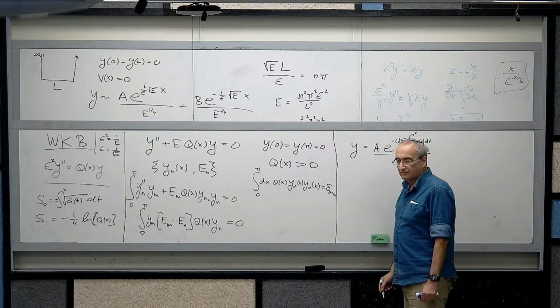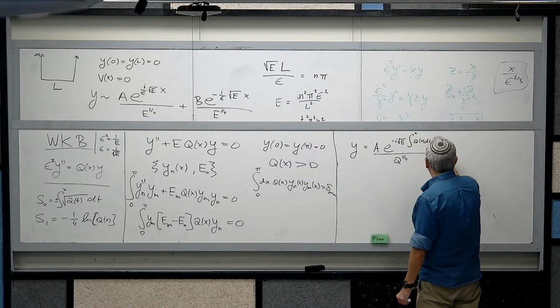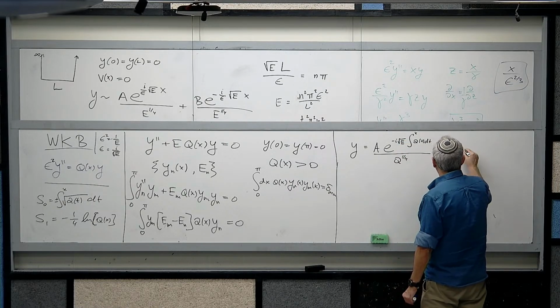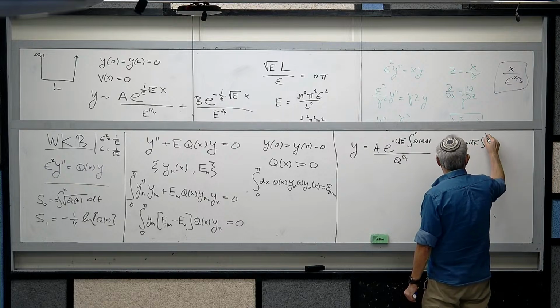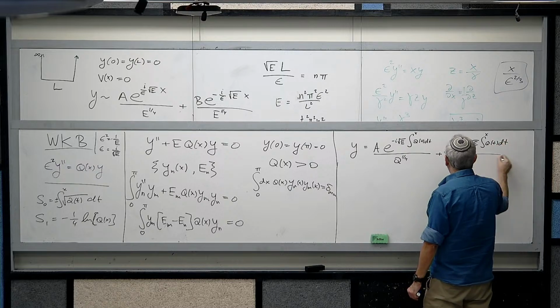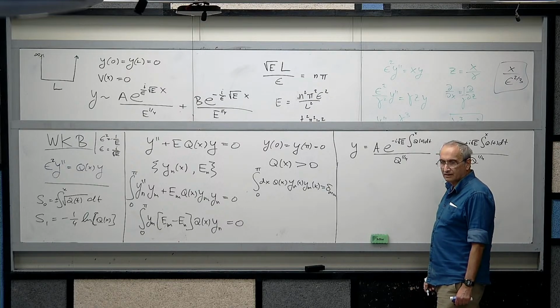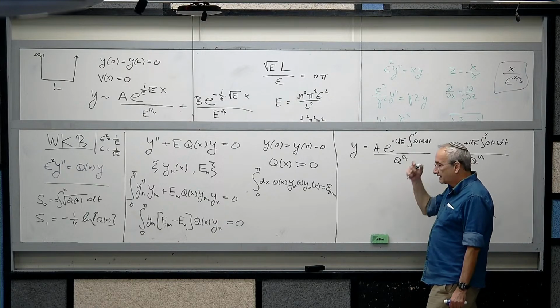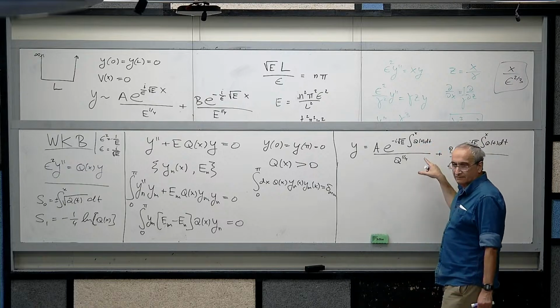You see? Plus b times e to the plus i square root of e, integral up to x of q of t dt, divided by q to the 1/4. And again, these are sine and cosine.